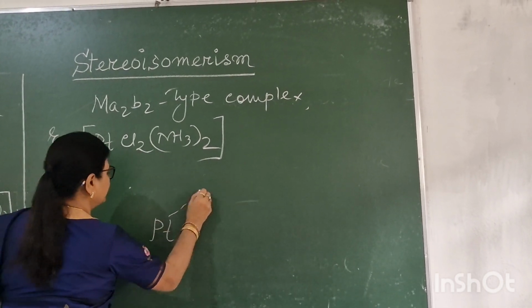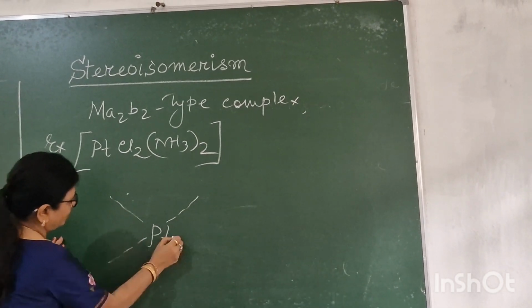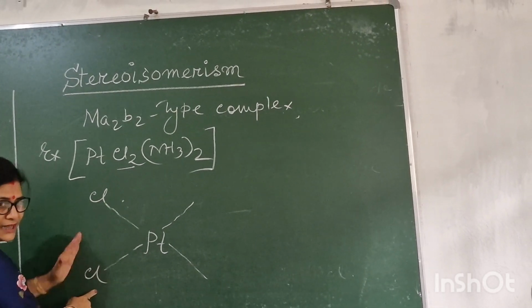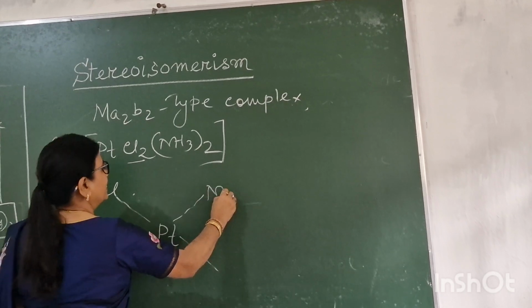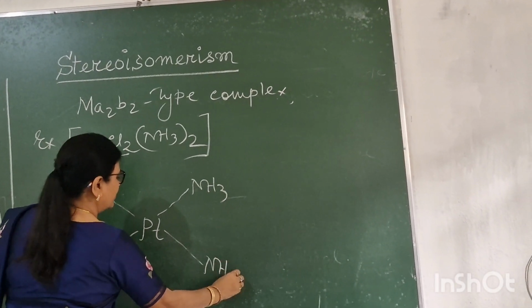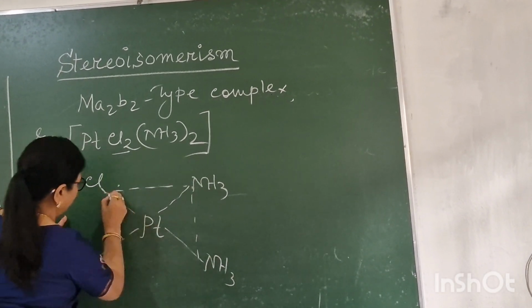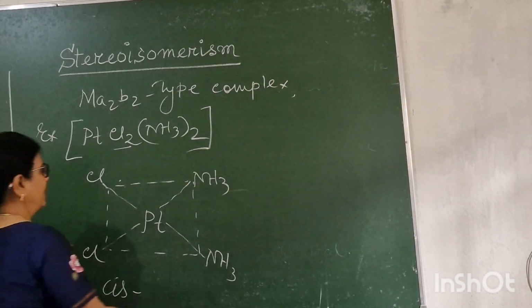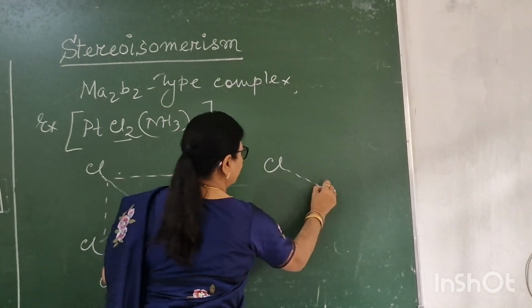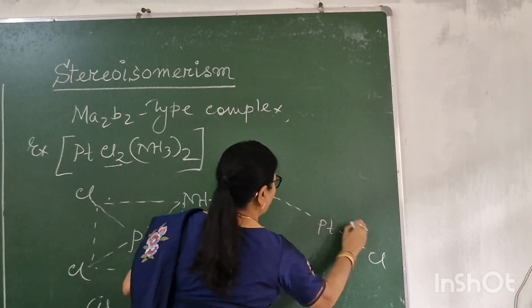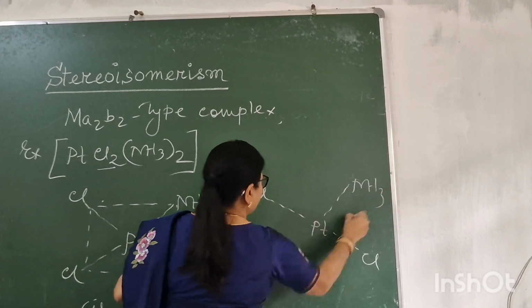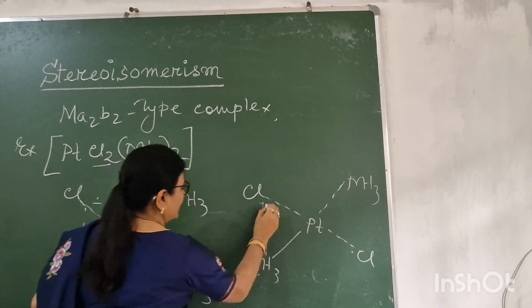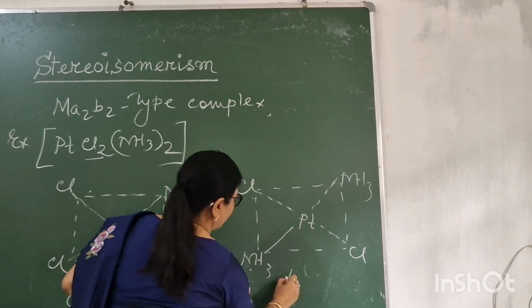This is platinum. Here, these two chlorido ligands, when their positions are adjacent to each other, it is called the cis complex. Again, when these have opposite positions, when these are opposite to one another, this is called trans.